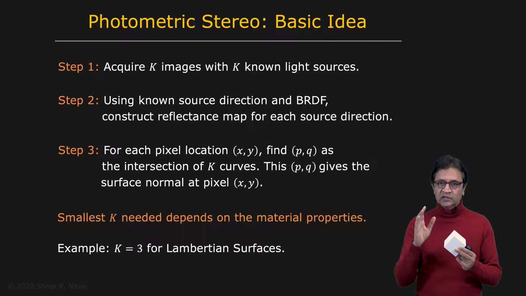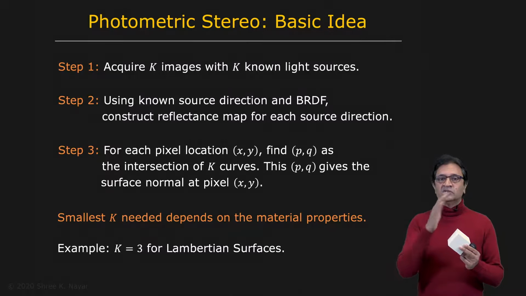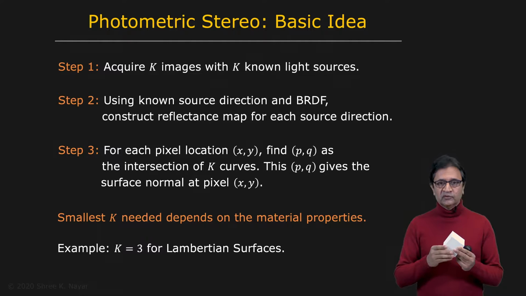Now, of course, the assumption is that each point on the surface can see the 3 light sources that you have used. If any of those light sources happen to be obstructed or outside the visible hemisphere of that point, then of course you're not going to be able to do photometric stereo.